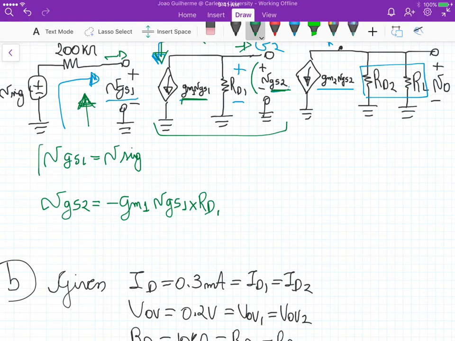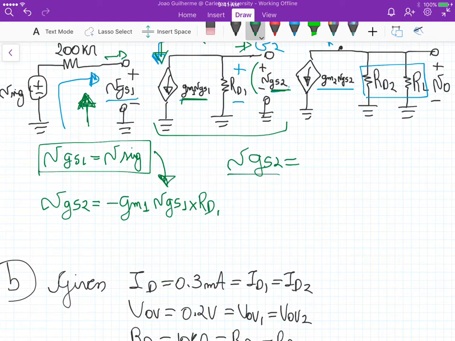From this analysis, we can substitute VGS1 here. So we find that VGS2 over this signal is equal to minus GM1 RD1. That's the first equation.